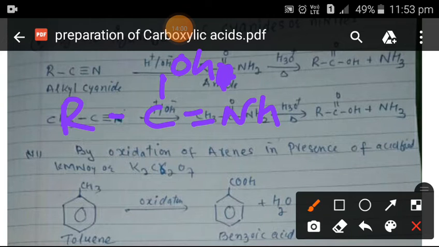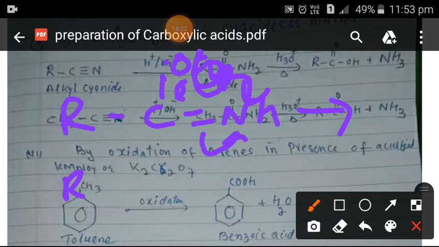OH. Similarly, it further undergoes rearrangement. Rearrangement in the sense that hydrogen combines with this hydrogen, this double bond gets shifted here, and it abstracts this hydrogen to form this, and there is the formation of a double bond. It forms here RC double bond O NH2.